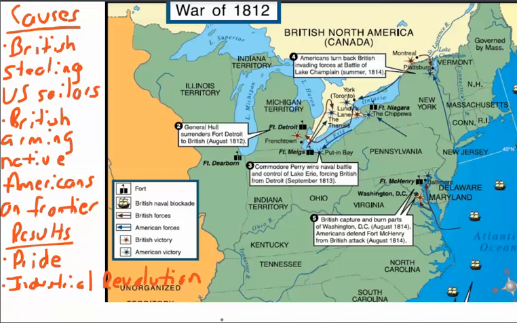Now, Napoleon, Emperor of France, sold Louisiana to the United States during his wars with the rest of Europe, including the British. And that conflict is going to drag the United States in 1812, okay?